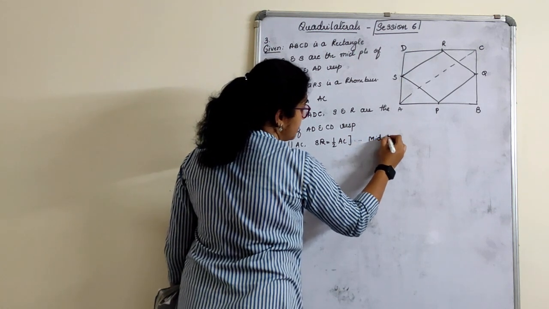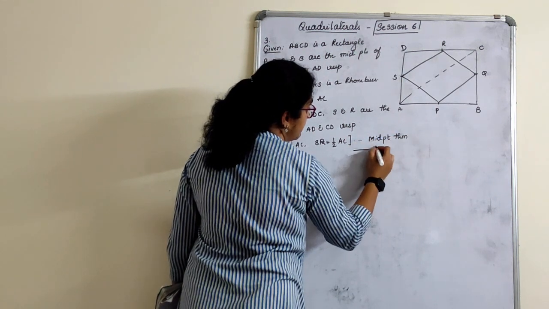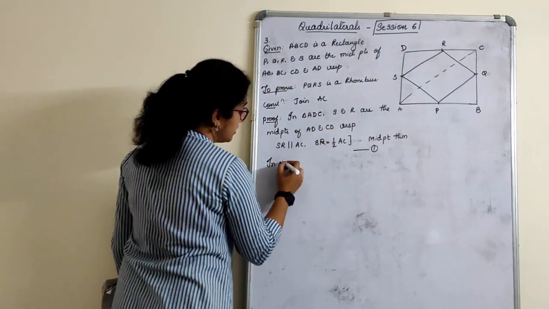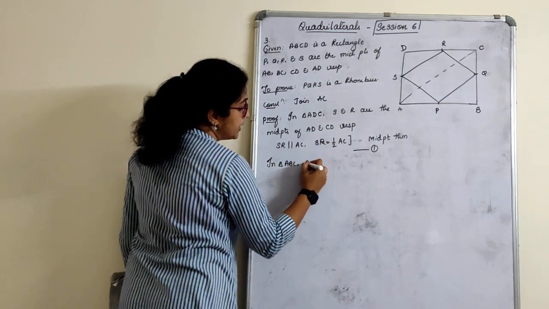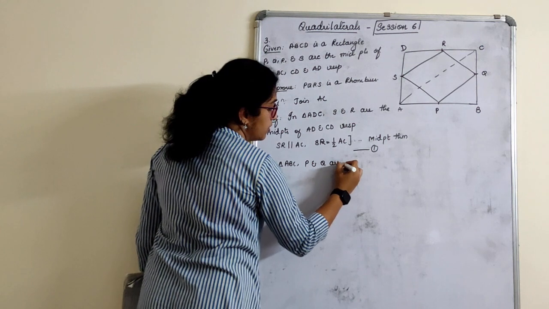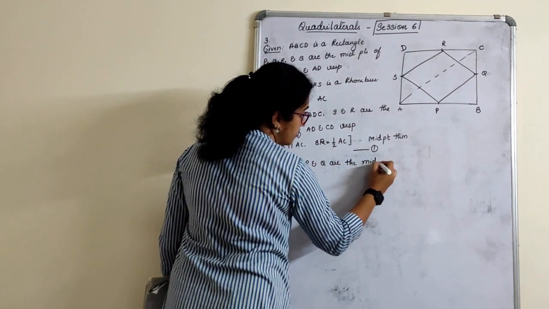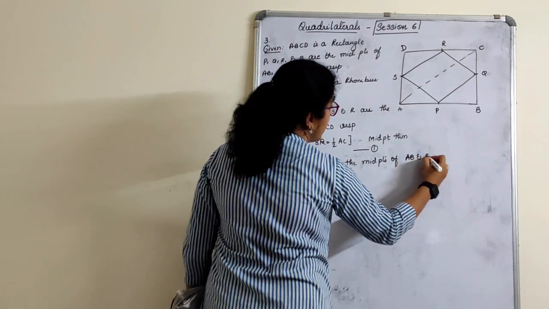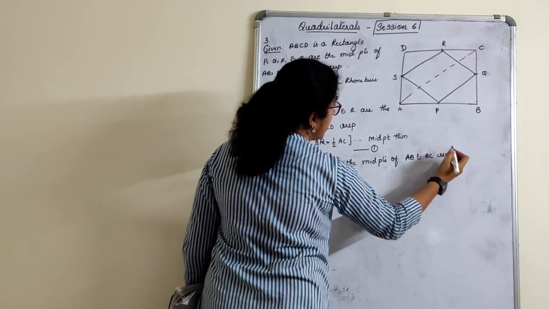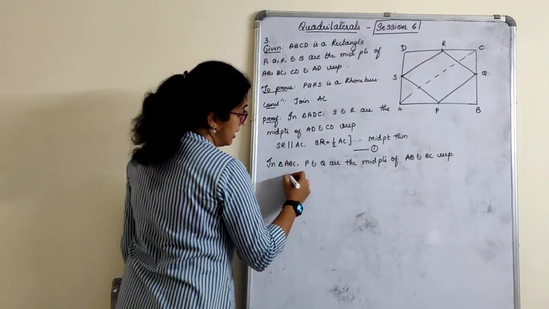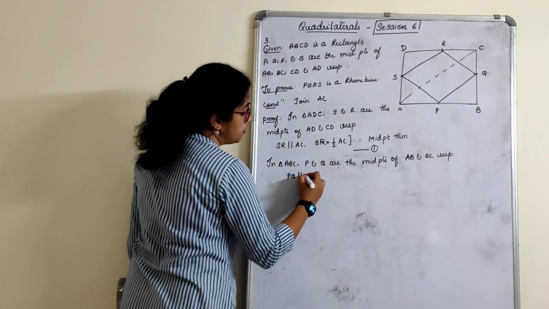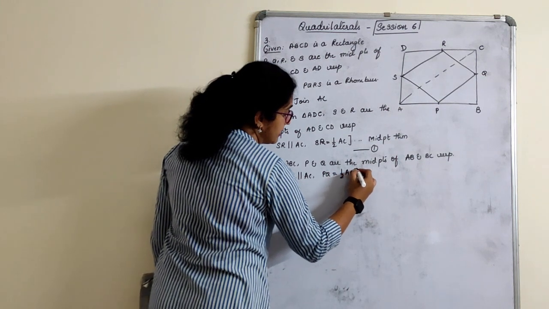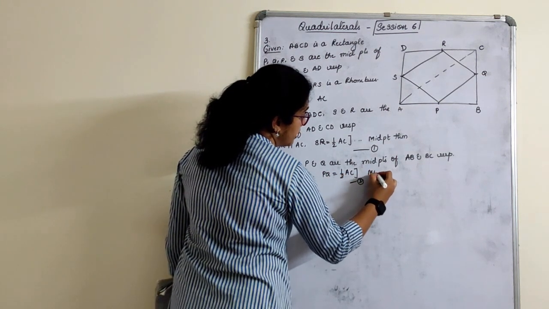Reason: midpoint theorem. Equation 1. Similarly, in triangle ABC, P and Q are the midpoints of AB and BC respectively. So since they are the midpoints, PQ is parallel to AC and PQ is half AC. Equation 2, midpoint theorem.